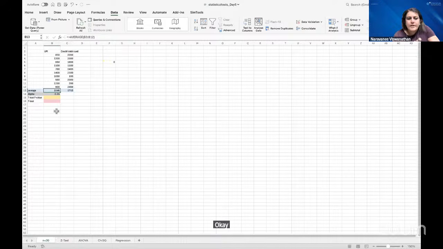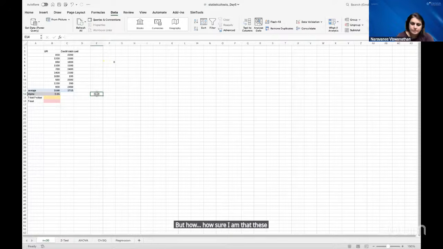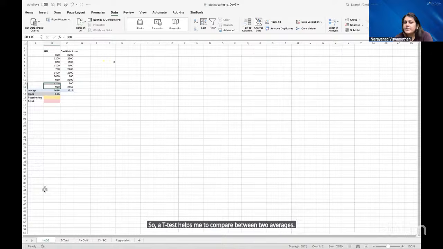Okay. Now we know that these numbers do not look the same, right? But how sure am I that these numbers are never the same? So you can see that I'm going to compare these numbers using a t-test. Why will I use a t-test? When do we use a t-test, guys? A t-test helps me to compare two averages when I have a very small sample.